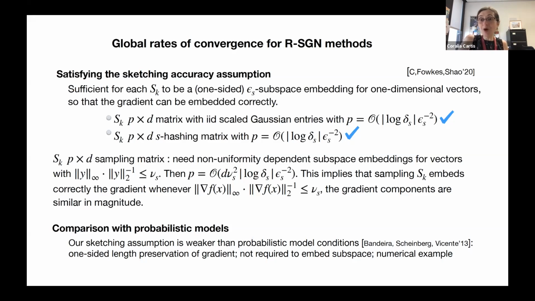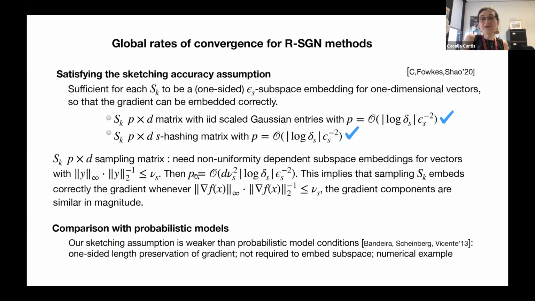So if I want to do a block coordinate Gauss-Newton method, which this framework captures, I need to be careful, because block coordinate methods do not give subspace embeddings in general, but they give a subspace embedding property provided the vector that I'm embedding is somehow uniform in the entries. So under a condition on the problem, I can now get a high probability convergence result for block coordinate Gauss-Newton.